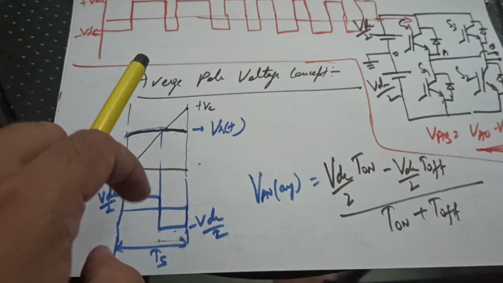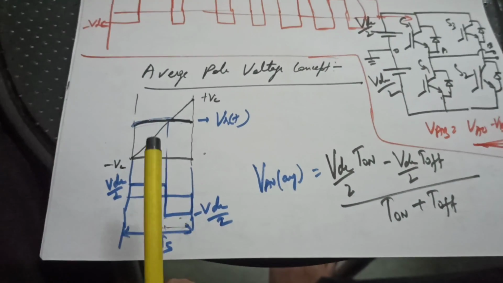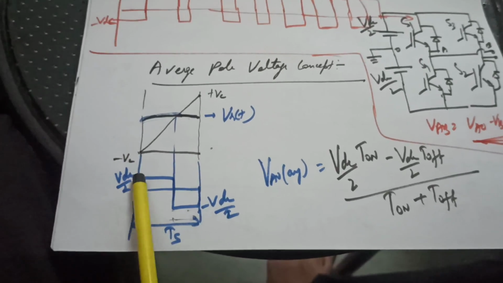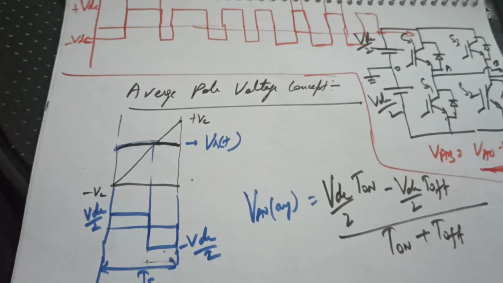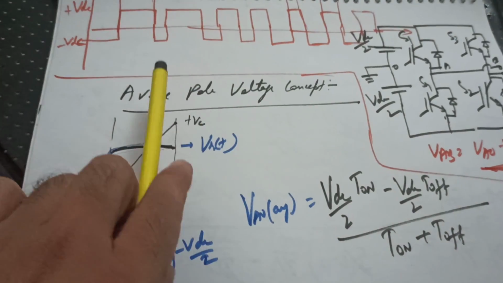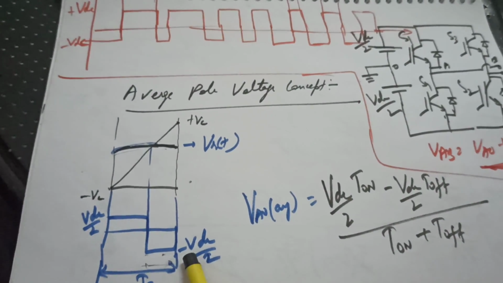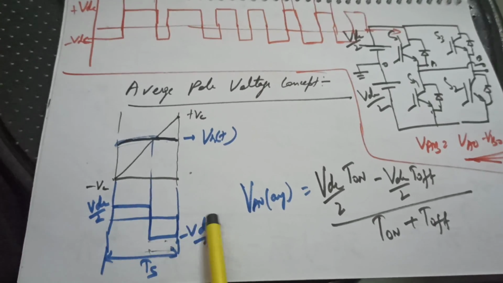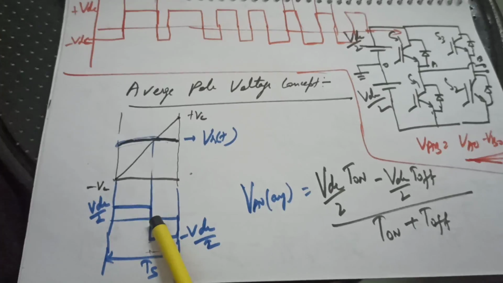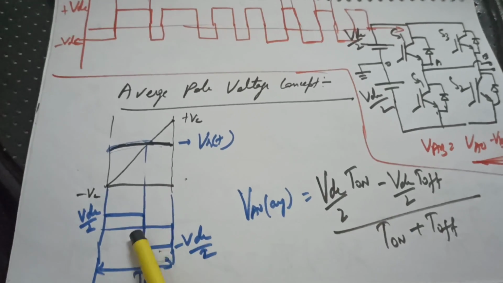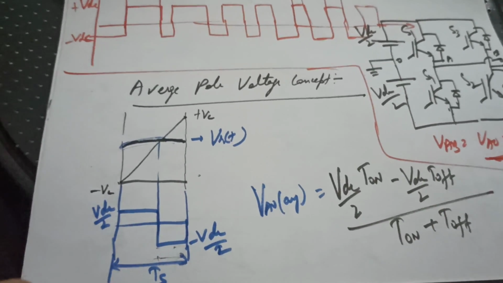First of all, when the sine wave is having magnitude greater than this triangular wave, then we are sure to get plus VDC by 2. When this sine wave is having magnitude less than that, it is minus VDC by 2. So VA0 average is VDC by 2 into T on, minus VDC by 2 into T off, upon T on plus T off.